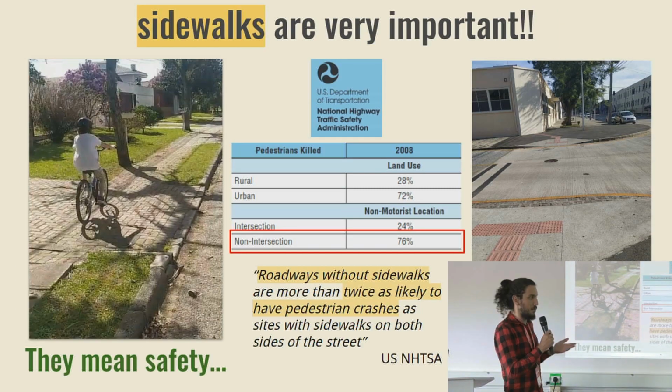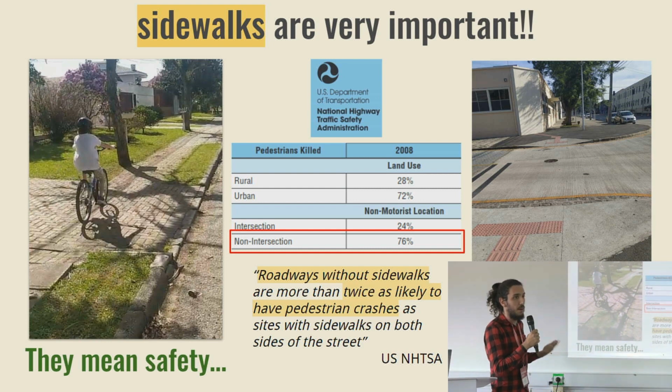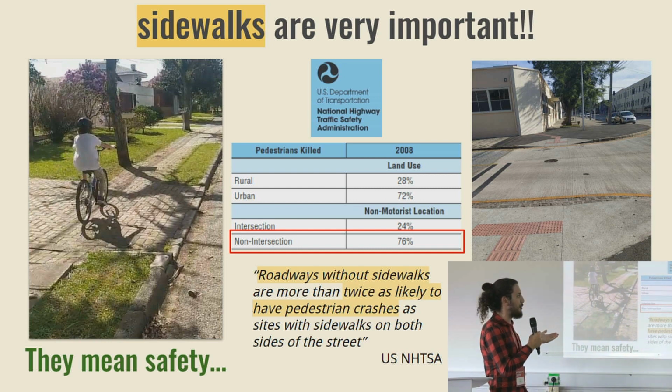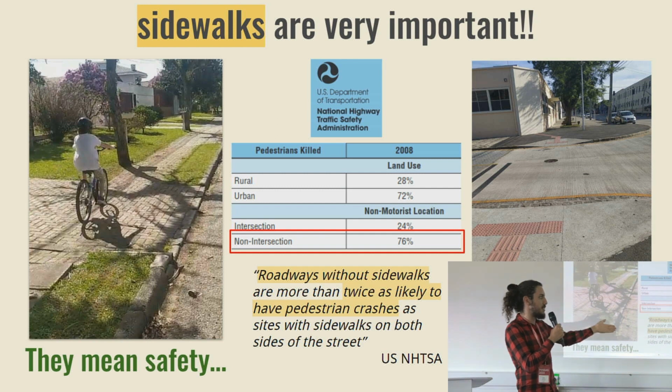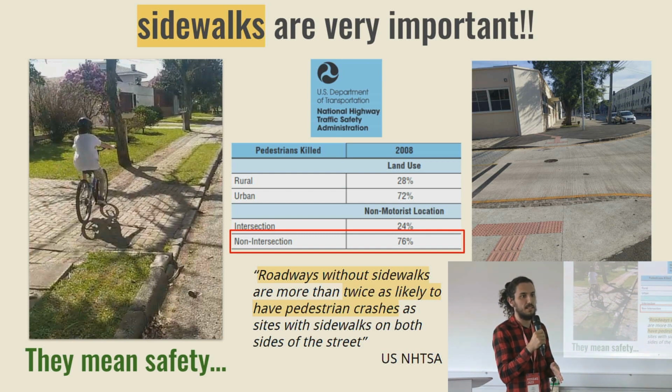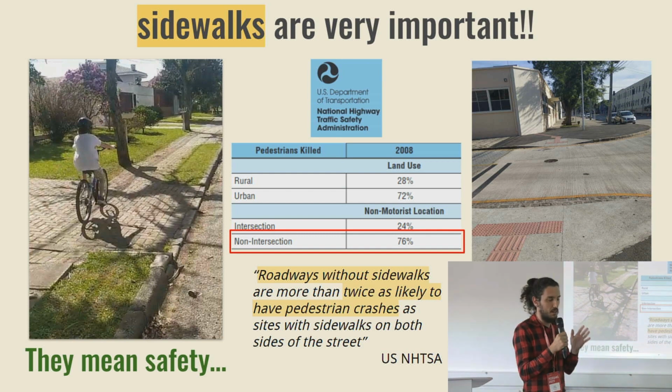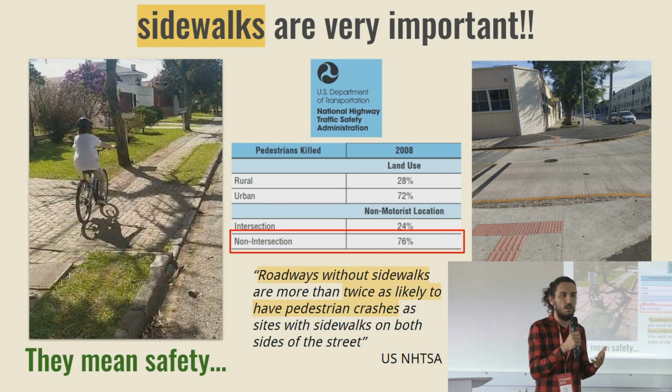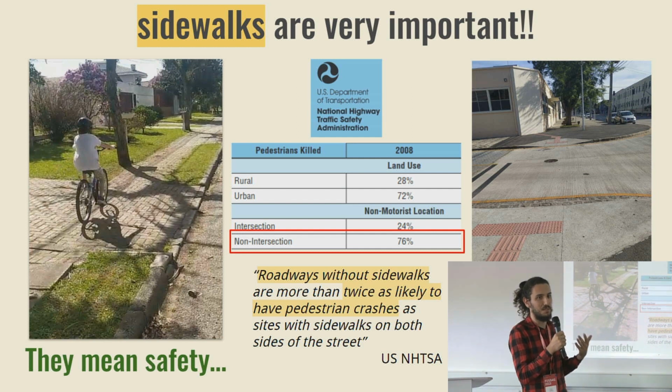So, introducing the theme, sidewalks are very important, so they mean safety from the traffic. In the United States, almost 80% of the car crashes with pedestrians don't occur at the crosswalks, but at the sides. So, if you are running or walking alongside a road, the bigger chance for you to get hit by a car is if you're walking in any place that doesn't have a sidewalk.